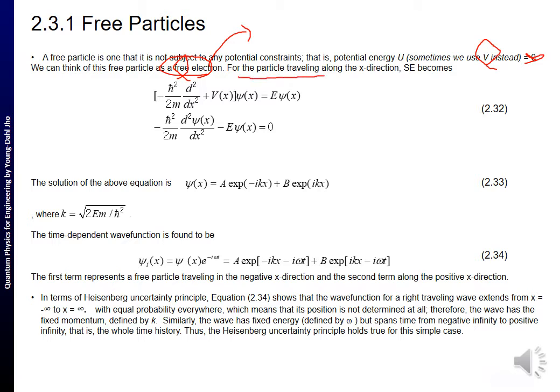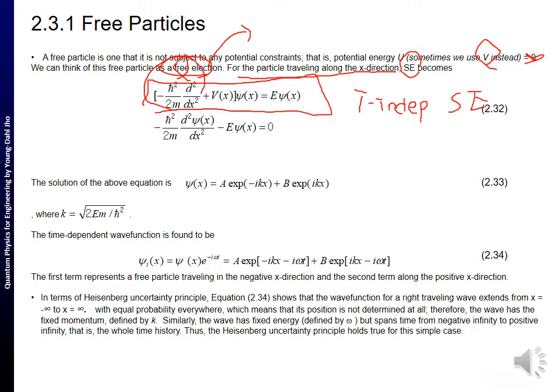For a particle traveling along the x direction, the Schroedinger equation becomes this one. This is what we discussed previously. This is called the time independent Schroedinger equation.